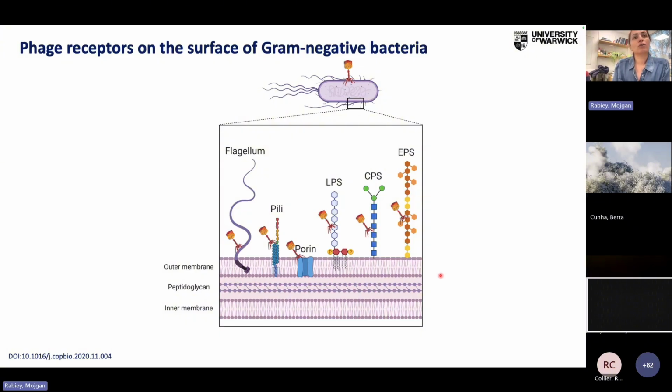To design a phage cocktail, we want to use phages that target different receptors, and therefore it is easier to target many different races, but also different strains and isolates within the same race.